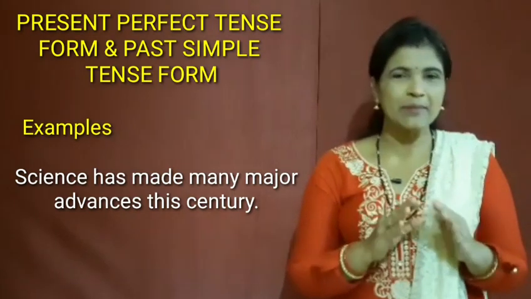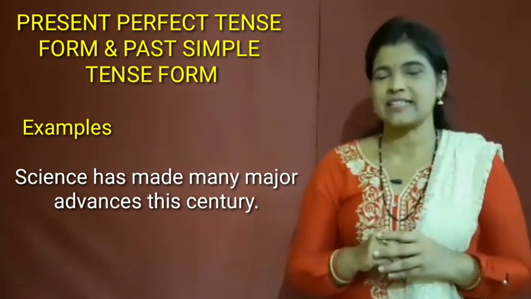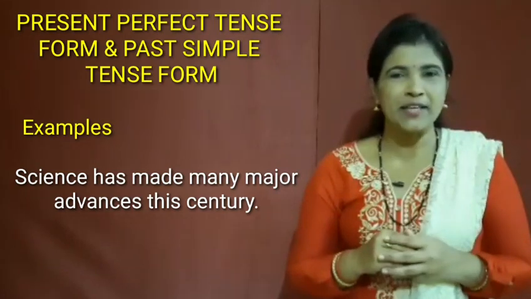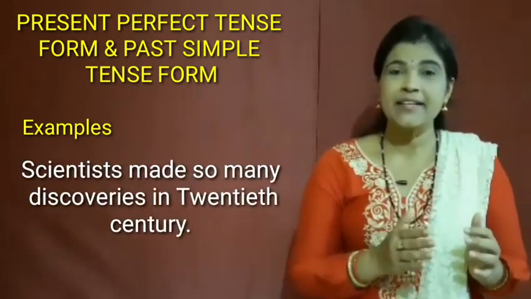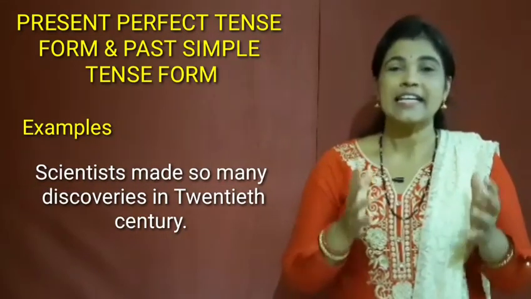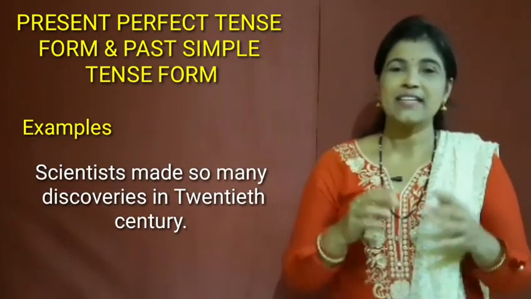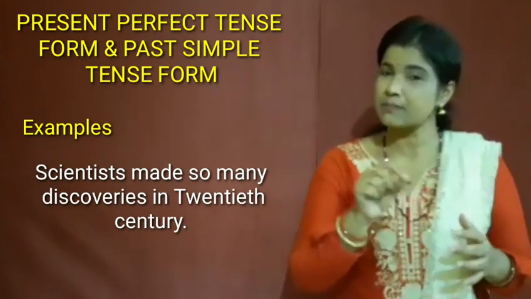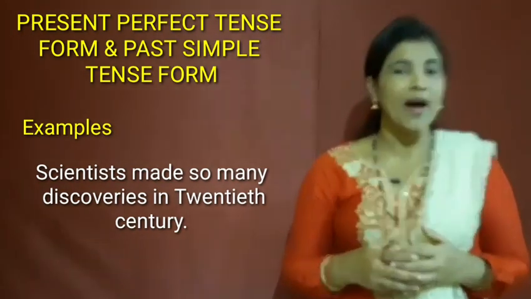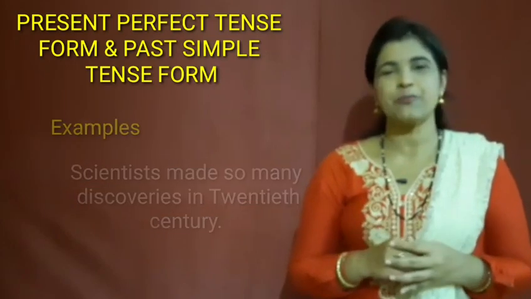Here the time is not specified, so the tense form is present perfect. Whereas if we say scientists made so many discoveries in 20th century, here as the 20th century is mentioned, we have to use past simple instead of present perfect.